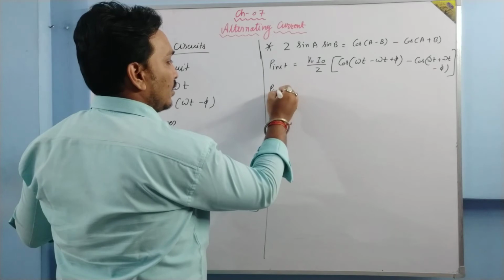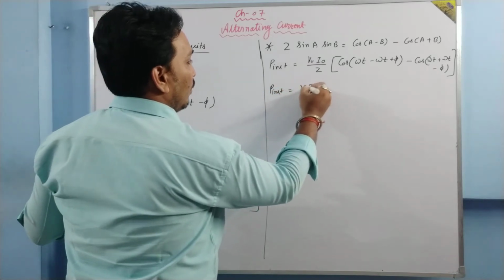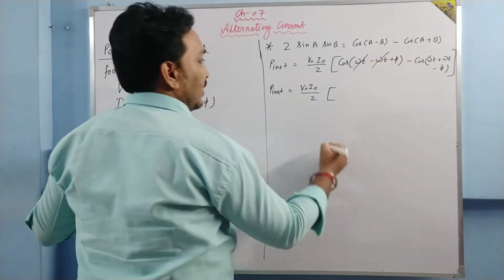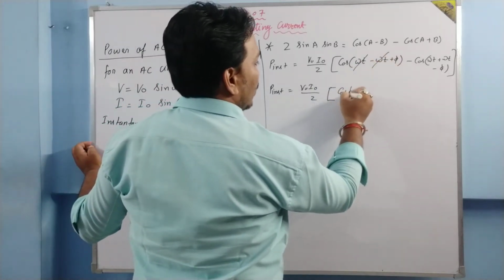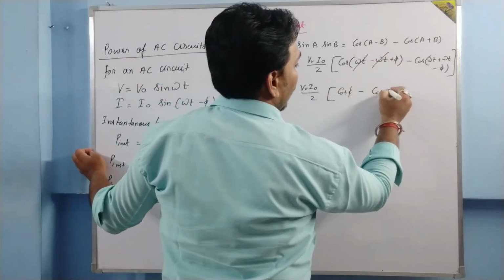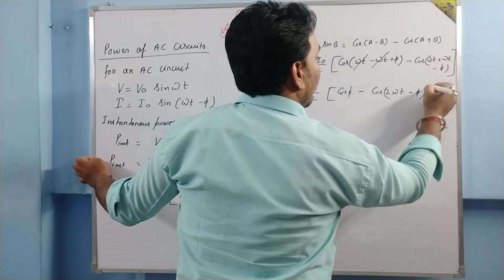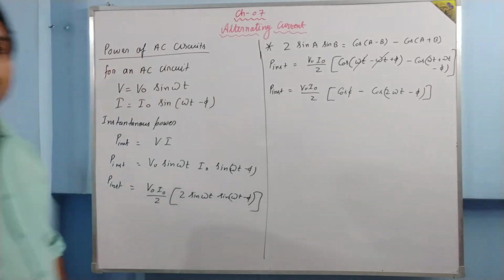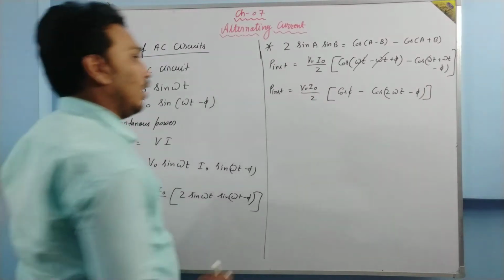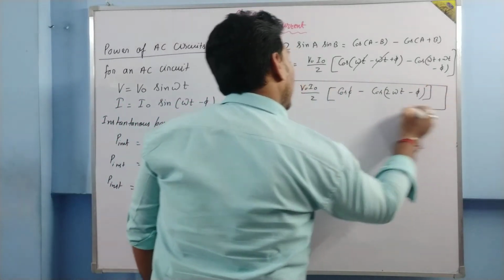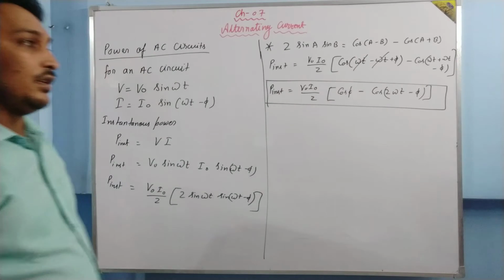P instantaneous is V naught I naught by 2 times cos phi minus cos 2 omega t minus phi, since omega t and omega t cancel in the first term and omega t plus omega t becomes 2 omega t. This is the value of instantaneous power.